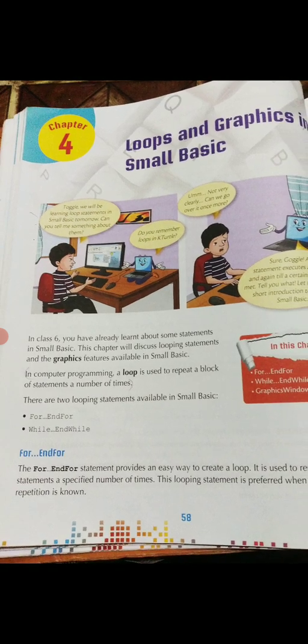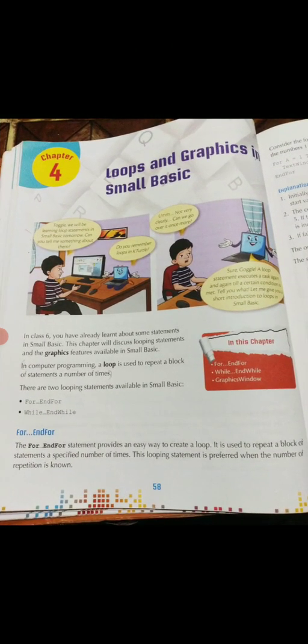So now students, you come to For. The For statement provides an easy way to create a loop. It is used to repeat a block of statements a specified number of times. This looping statement is preferred when the number of repetitions is known. Now, what do you mean by For loop? Here the statements are going to be repeated as decided by the user.